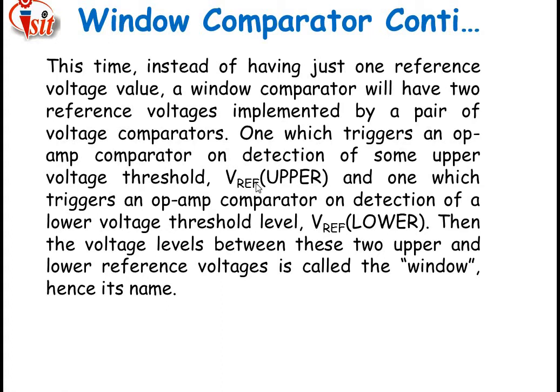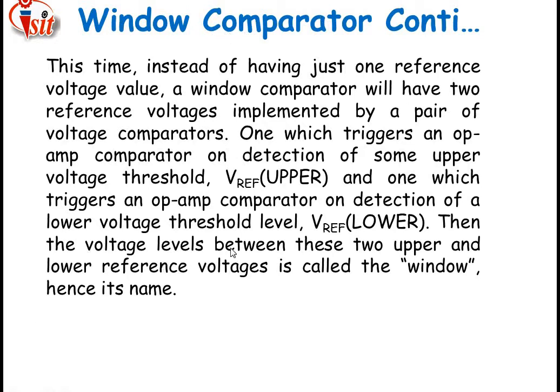That is, a V reference related to the upper threshold voltage, and one which triggers an OP-AMP comparator on the detection of the lower voltage threshold level. That is, a V reference in a lower state. Upper threshold voltage and lower threshold voltage. It is a combination of two reference voltages for the window comparator.